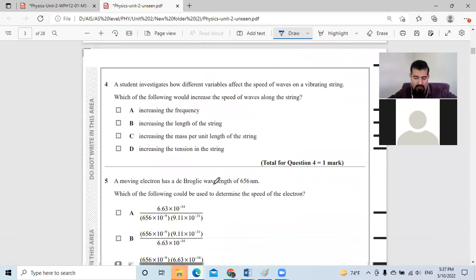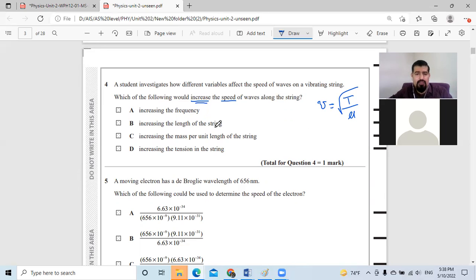Let's move on to question number 4. What do they ask here? A student investigates how different variables affect the speed of a wave on a vibrating string. Which one of the following would increase the speed of the wave? We know that speed equals the square root of T over mu. Increasing the frequency: as the frequency increases, the wavelength decreases.